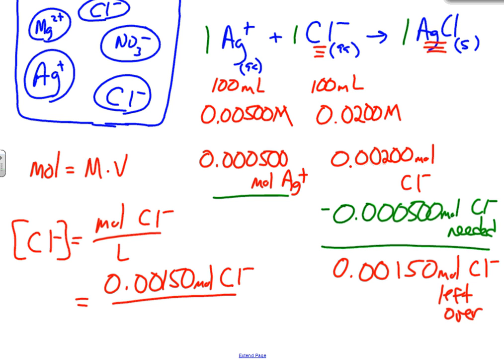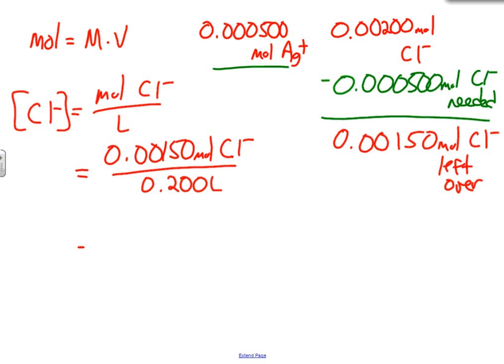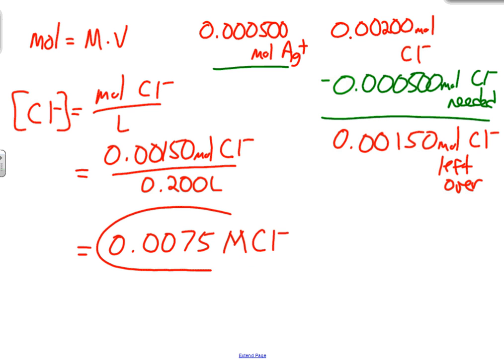So it will be 200 milliliters or 0.200 liters. And so we do the math there, and we would get 0.0075 molar for the chloride ion. And let me just double check that real quick. So it does seem to check out. So that would be the concentration of my chloride ion.